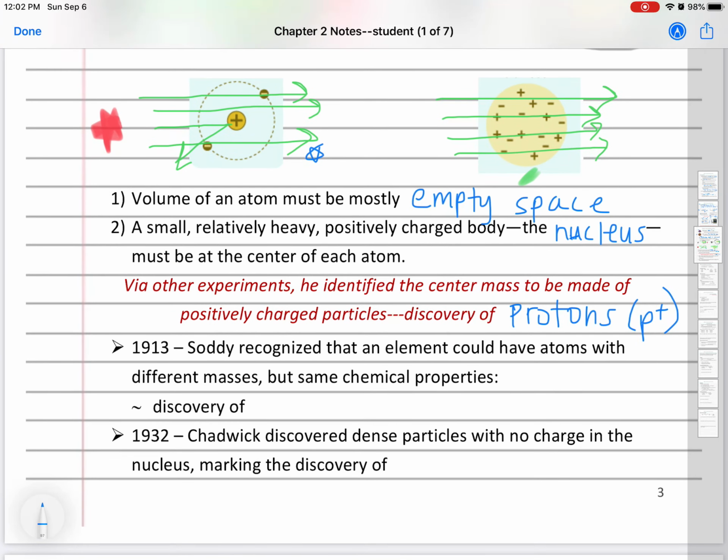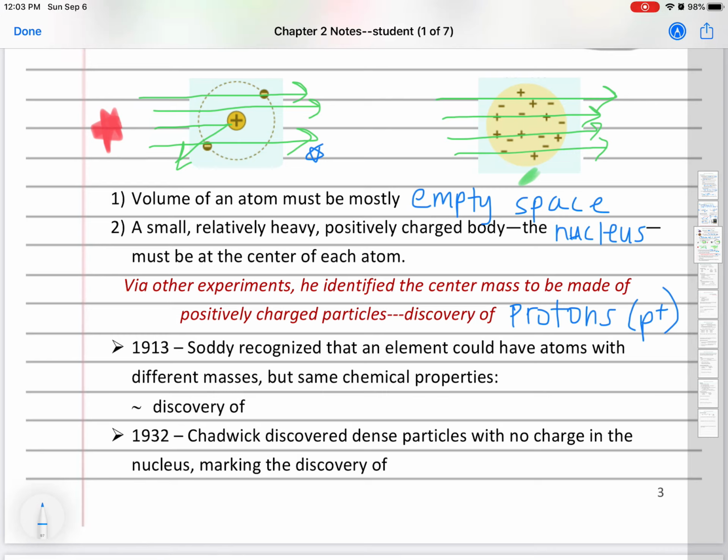But although Rutherford figured out the mass of the protons, he also realized that protons didn't account for the entire mass of the atom. And then a couple more important discoveries came together to really give us a better picture.